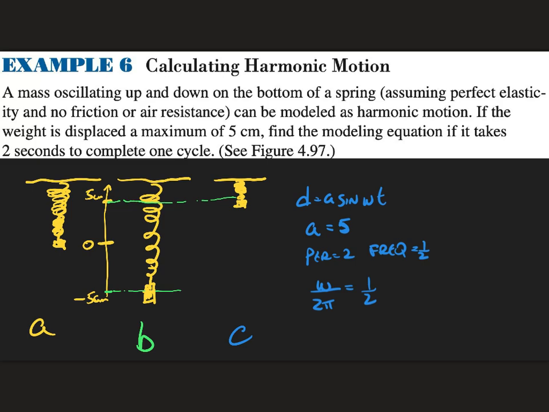And a little cross multiplication, omega is equal to pi. So, putting it all together, D equals the amplitude, 5, sine pi t. That's our modeling equation.